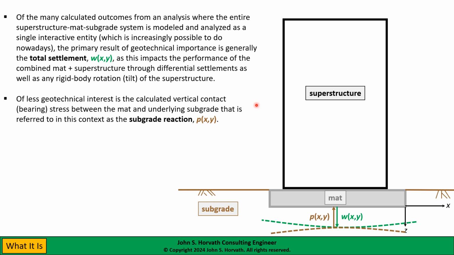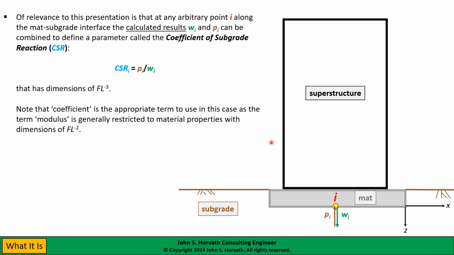So the point I'm trying to get at here is that if we were to analyze, using modern methodologies, the superstructure, mat, and subgrade together, two of the calculated results would be the settlement W and the subgrade reaction P. So relevant to this presentation is that at some arbitrary point I along the mat-subgrade interface, we can arbitrarily define a parameter called the coefficient of subgrade reaction, CSR.